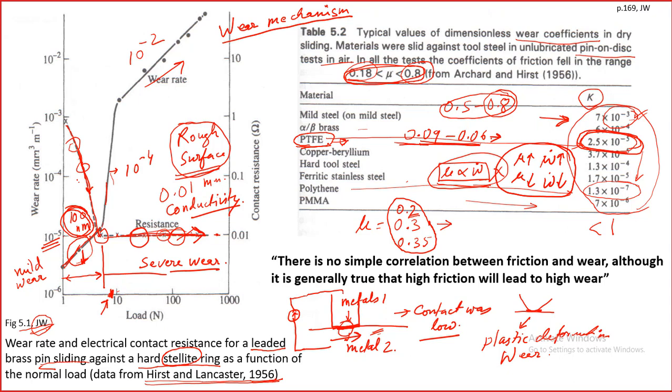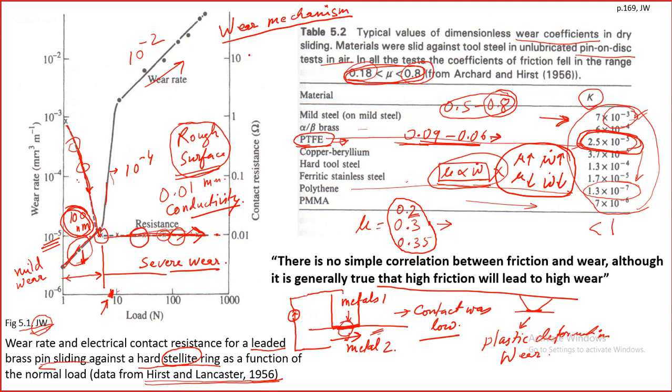In general, yes, this is a general case, but for PTFE, it is an exception: low friction but high wear rate. Okay, and with PTFE you cannot achieve high friction.